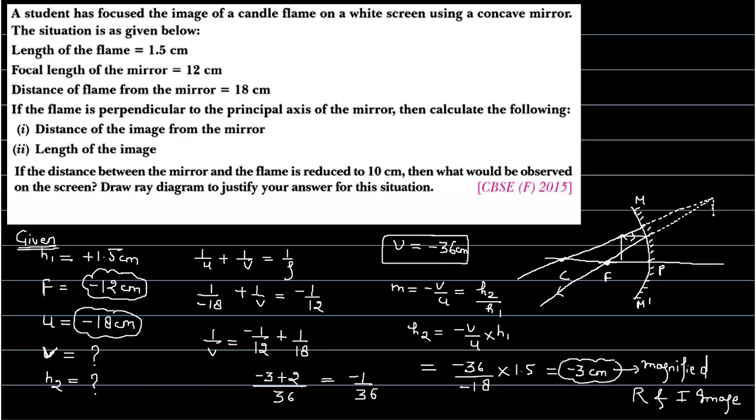Since you are making the virtual image, make it with a dotted pattern. Don't make it with a solid line. If you give the names A and B, the image would be A dash and B dash. This is the complete ray diagram. I'm showing you each and everything so that there should be no confusion. This is our complete solution of this question.